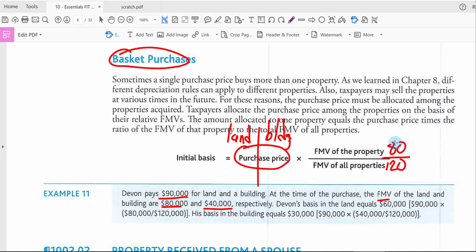The land and building cost would be a total of 90. So we multiply all of this out to get the cost allocated to the land of 60. Then we change this value to the value of the building, which is 40, and multiply it all out again to get a cost allocated to the building of 30. Or you can just take the total cost minus the land to get the building costs here also.